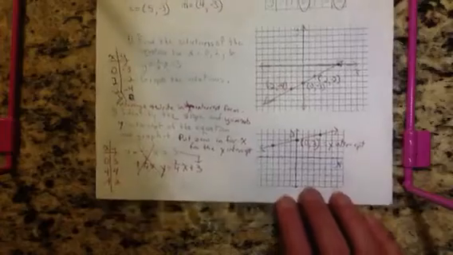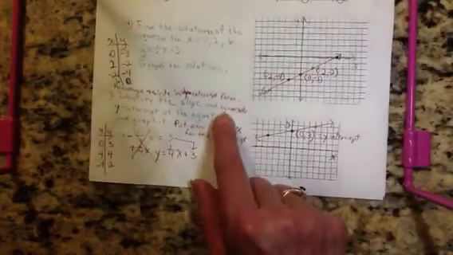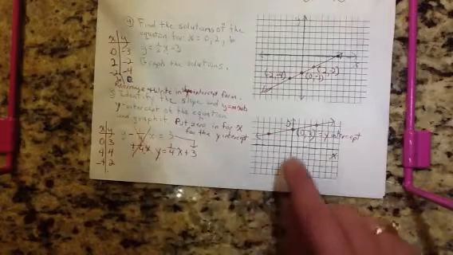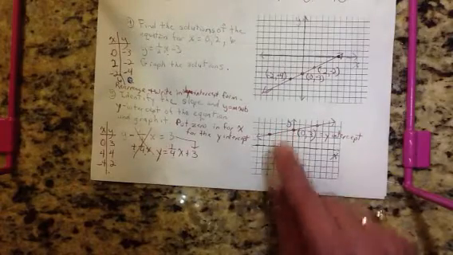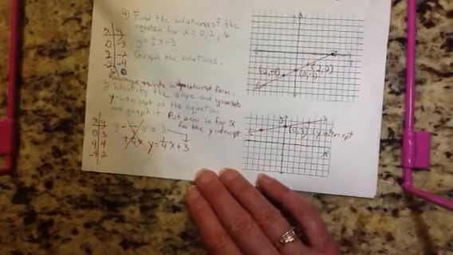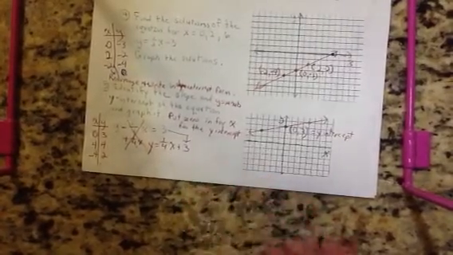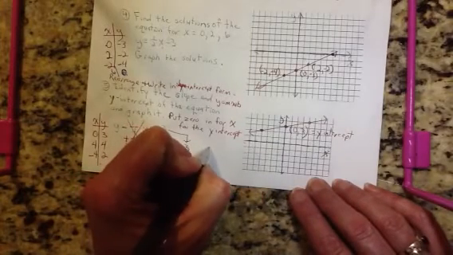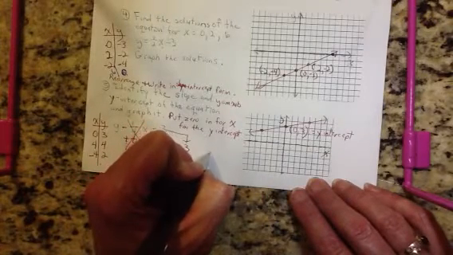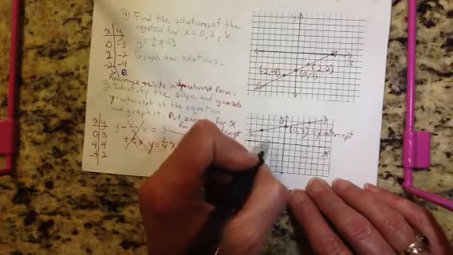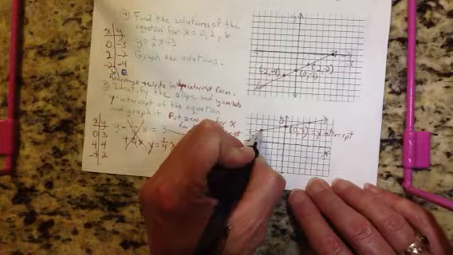Okay, so the last one, identify the slope and y-intercept. Remember, y-intercept is where it crosses the y-axis. And my slope is my change in y over change in x. So let's start right here.